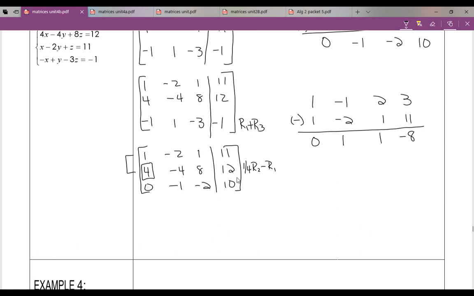Y'all double check me. Y'all are good? Negative 1 minus negative 2, positive 1.